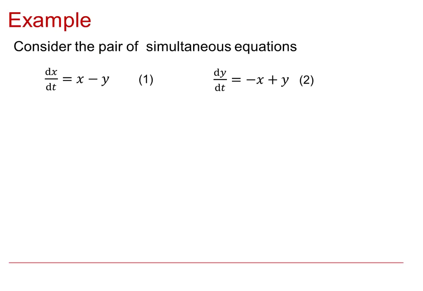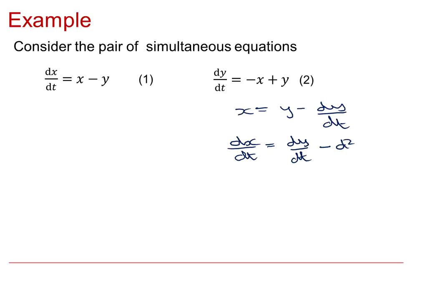Continuing the example on the first slide, if we look at that second equation, dy/dt = -x + y, we can rewrite that as x = y - dy/dt, and then differentiating, dx/dt will be dy/dt minus d²y/dt².